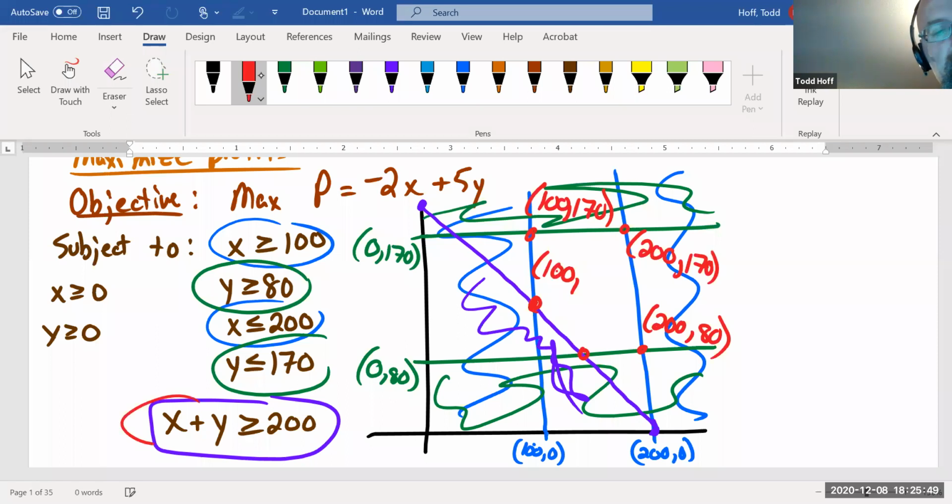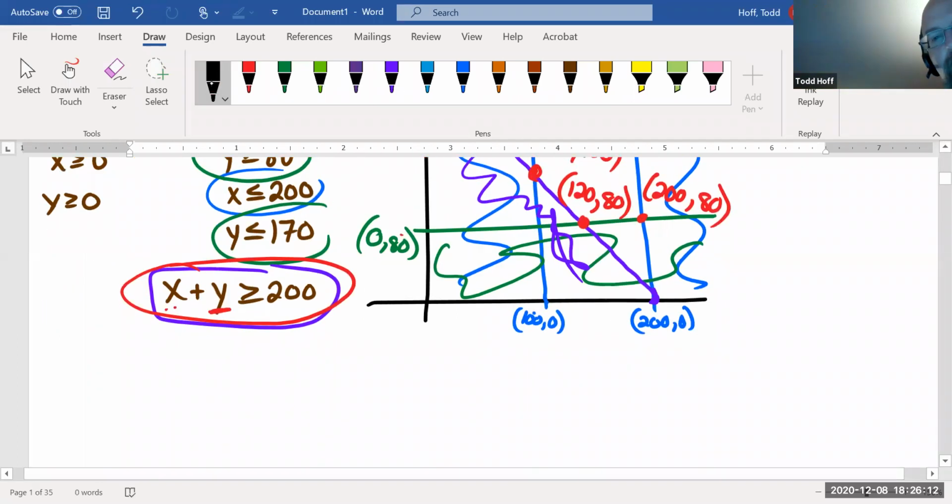If I put 100 into this equation for X, Y would have to be 100 to make it equal 200. Here the Y coordinate is 80. If I put 80 in here for Y, X would have to be 120. So those are the corners, the vertices of our feasible region.